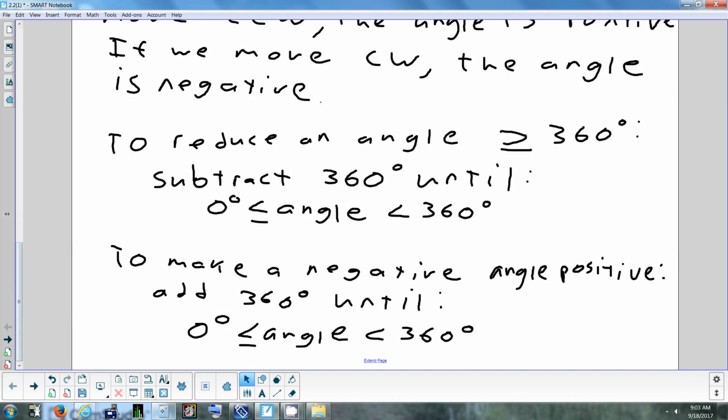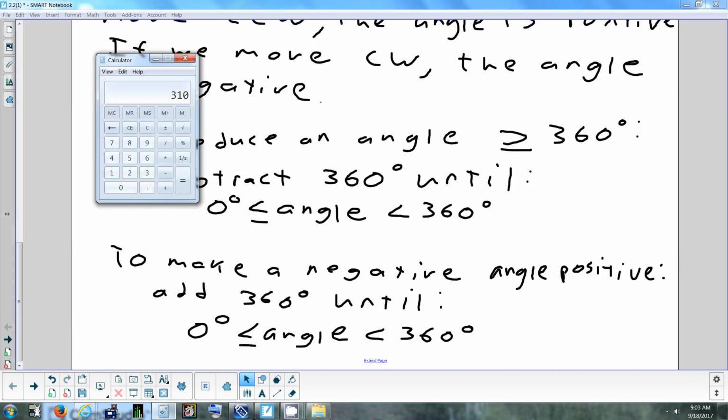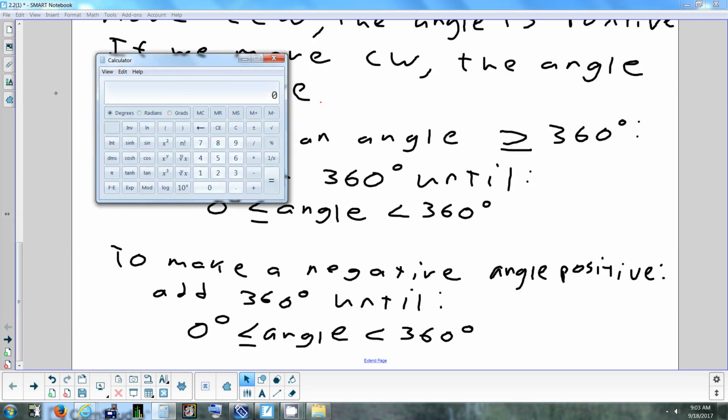Okay, and just to show you numerically that it'll always come out the same, let's type one in. Let's type in 405. Okay, and what I'm going to do is take the sine of it. Okay, remember that number, 0.707. What do you get if you subtract 360 from 405 to make it smaller?